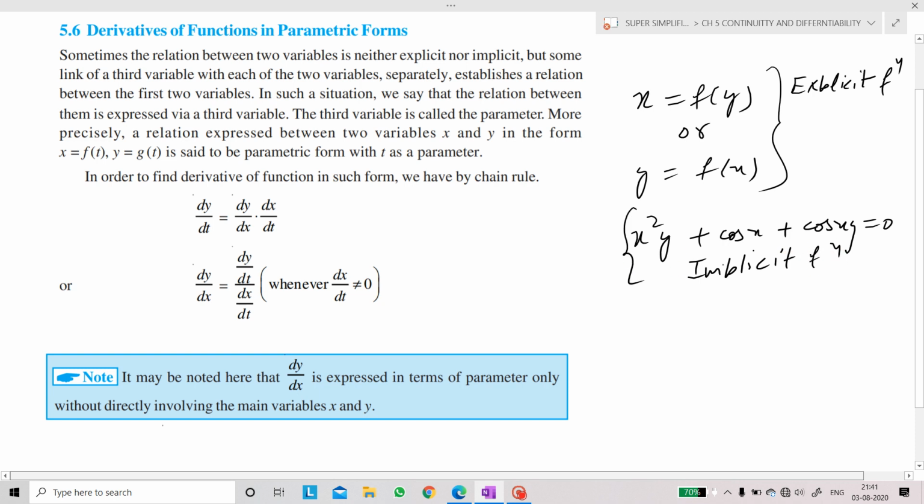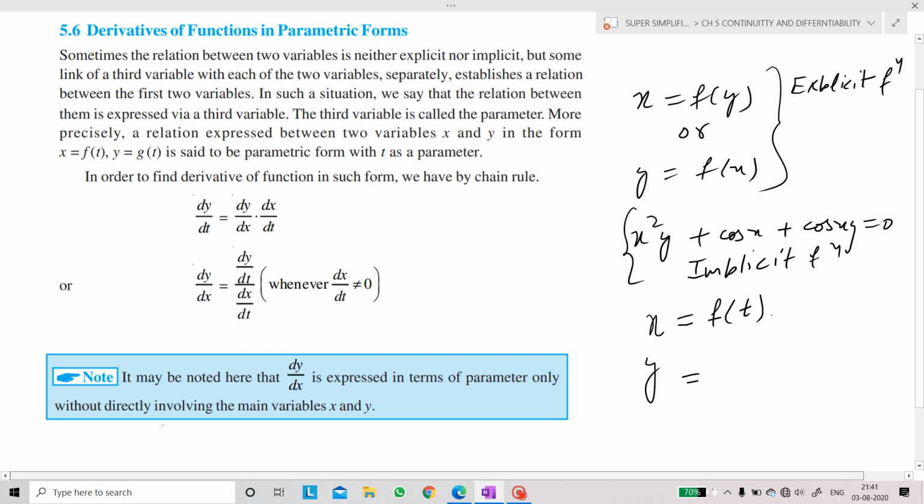But there is a third type of function, which is neither explicit nor implicit. Here x and y both are functions of a third variable, let it be t at present.